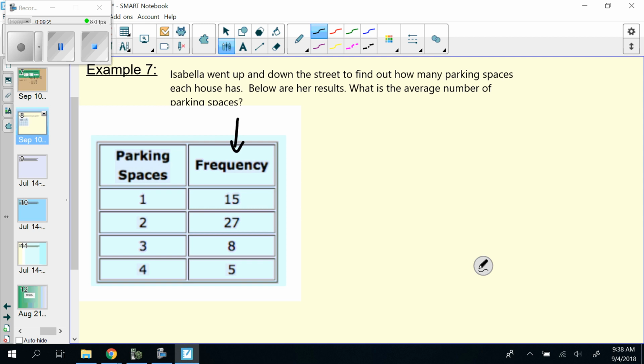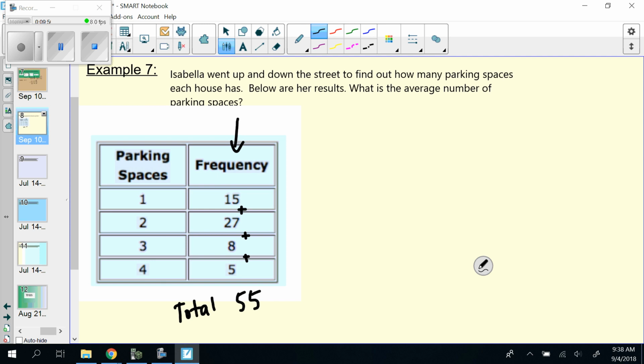Frequency means how many times did that occur. So one parking space occurred 15 times, two parking spaces occurred 27 times, and so on. So if we total these up, 15 plus 27 plus 8 plus 5 would give us the total number. So the total number here, adding all those up, would be 55 total times.